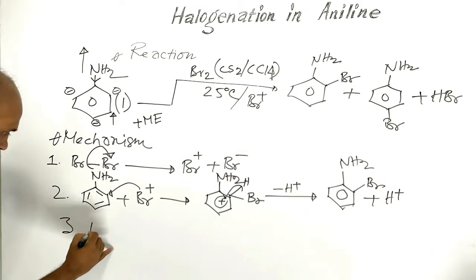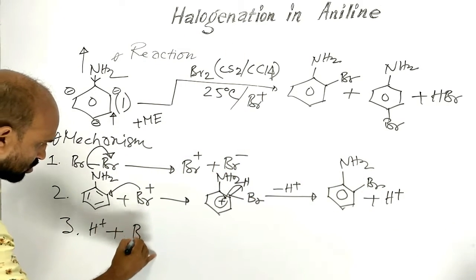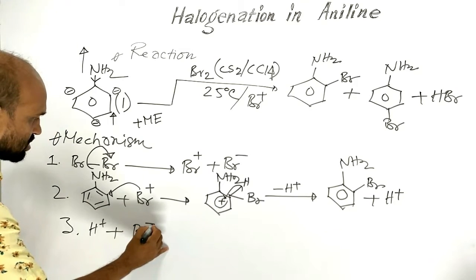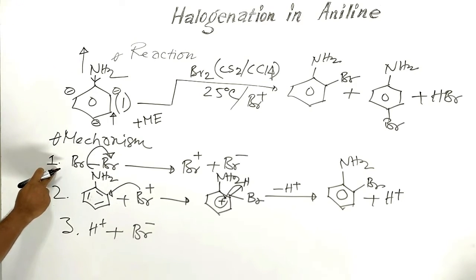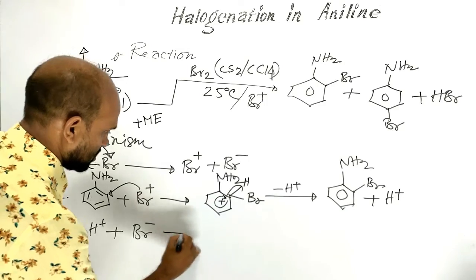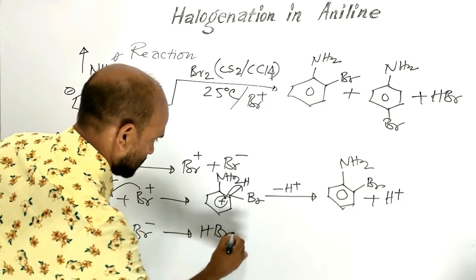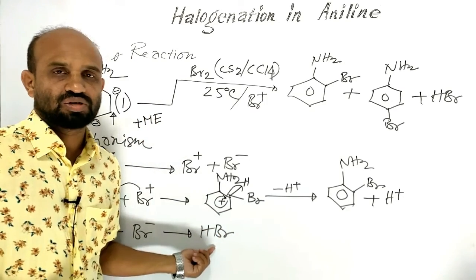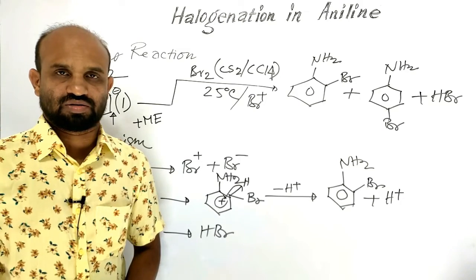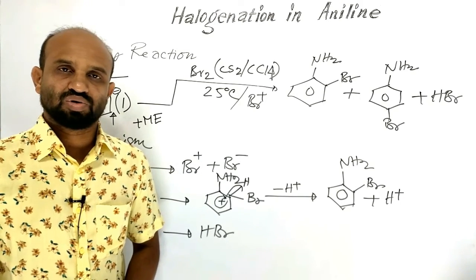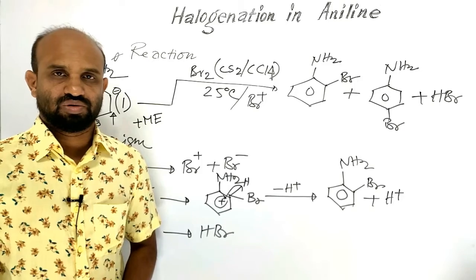Step 3, this proton combines with the bromide ion, which is formed at step 1, to form hydrogen bromide as byproduct. In this way, orthobromoaniline is formed.